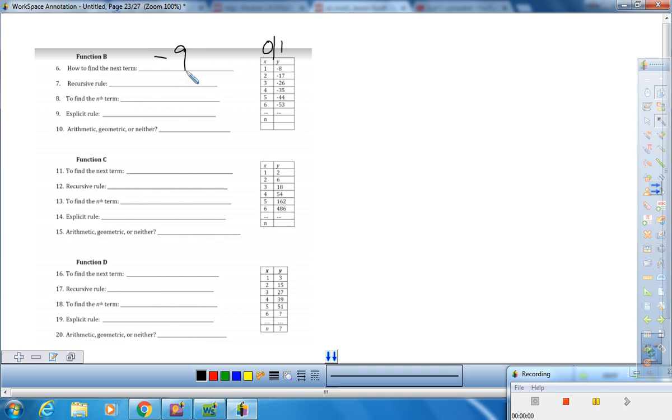The recursive rule, well, f of 1 is negative 8. F of n is f of n minus 1, and then minus 8. Okay? To find the nth term, start at 1.